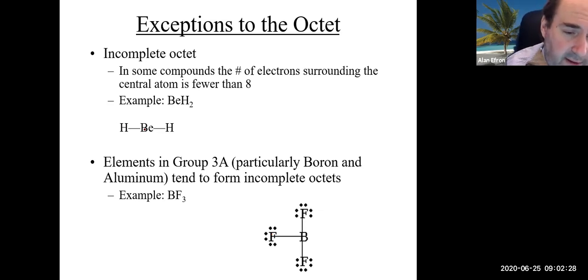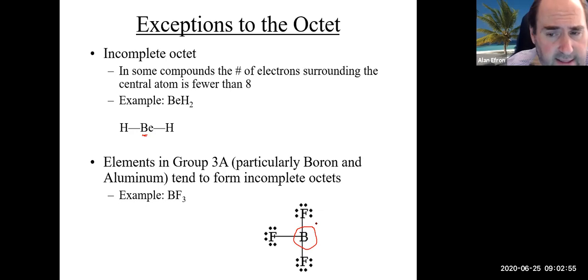And although beryllium hydride maybe doesn't truly exist because it's a metal non-metal situation, boron is the most common one that you see. Boron is very much an element that will go less than 8, and usually will hit about 6 like we have here with BF3.